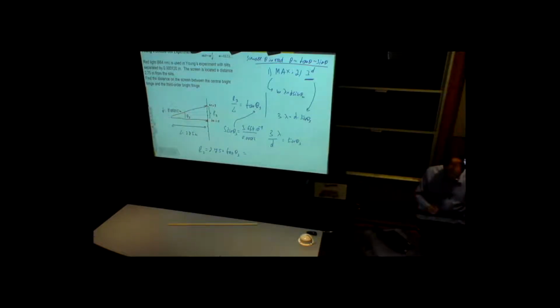So, this is what I need to do. This is a very good approximation. And since the sine and angle are also practically equal to each other, that will be equal to this.